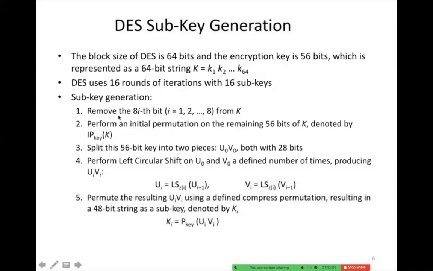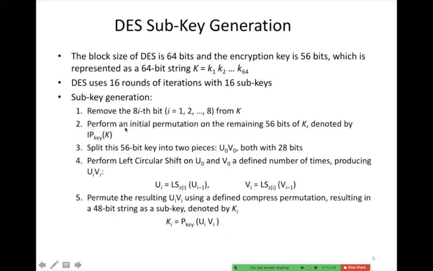It first removes the parity bits, which means that it removes K sub 8, K sub 16, and K sub 64 from K, and so on. After removing these 8 bits, you get 56 bits left. These 56 bits are used to generate subkeys.